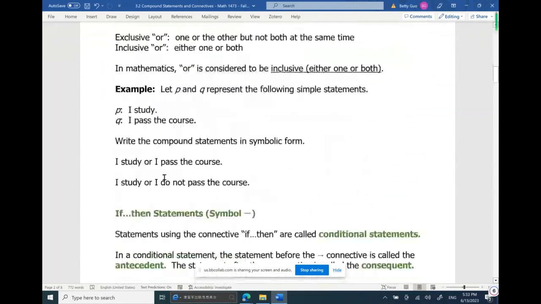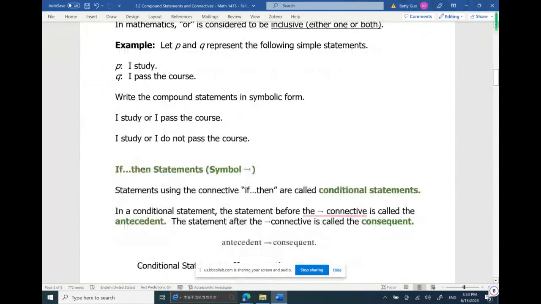For example, P is the statement that I study. Q is the statement that I pass the course. We are going to write the following compound statements in symbolic form. The first states, I study or I pass the course.